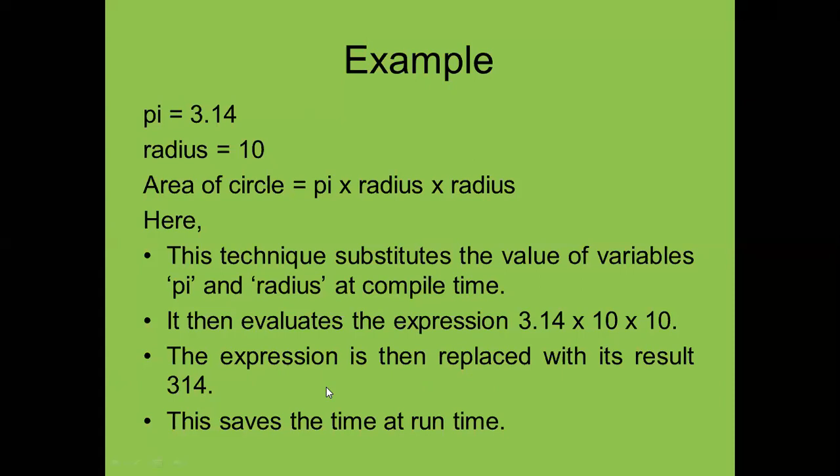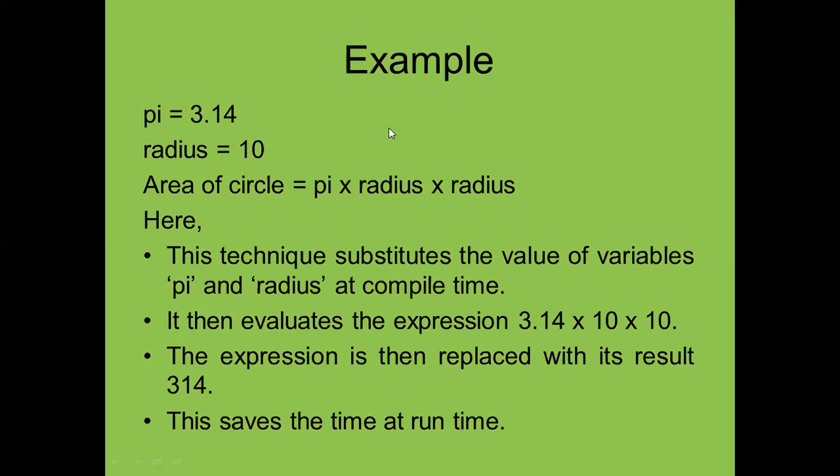Suppose you are writing the source program, and somewhere in the middle it is needed that the area of the circle is already assigned and fixed. Pi value is fixed and radius is already assigned.